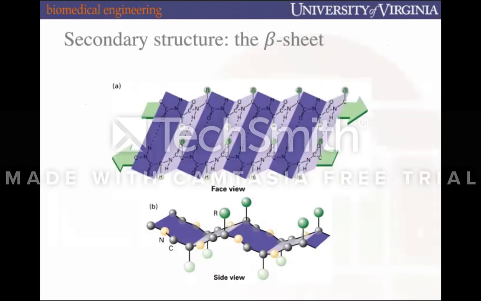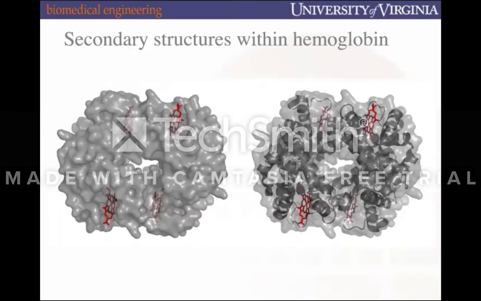Before I move to the next structure, are there any questions about that? Yes. Not the red. So forgive me, for the image to the right, it's these gray ribbons. That's typically the notation for an alpha helix when looking at a protein structure.